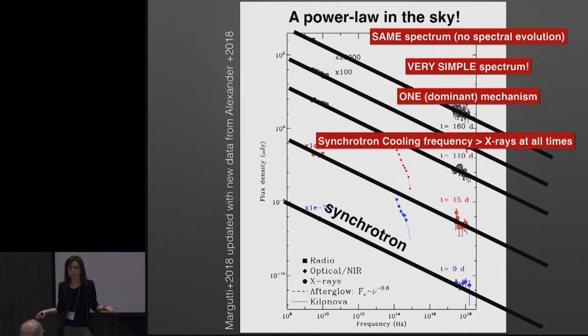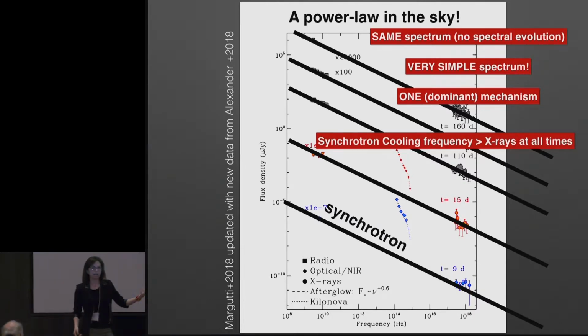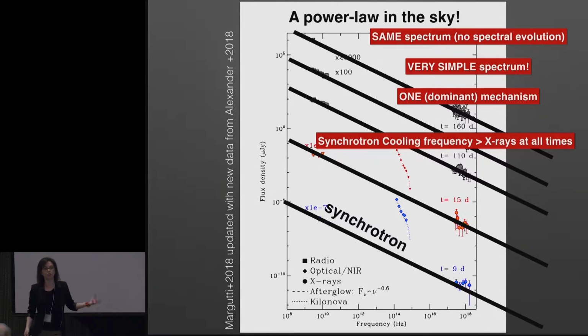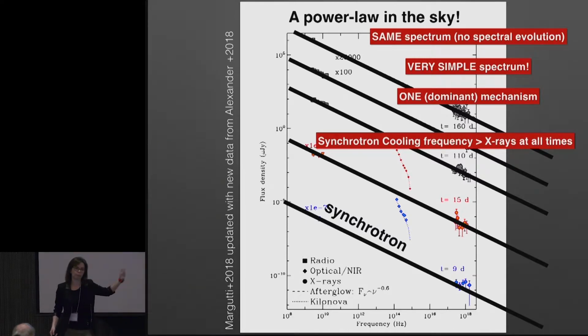The electrons are cooling, so the cooling frequency should be there, and this cooling frequency is always above the X-rays, which implies right away a constraint on the kinetic energy and the density of the environment and kinetic energy of the blast wave that I will go into in the next 10 minutes or so.